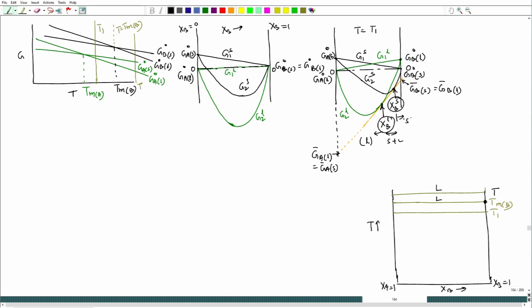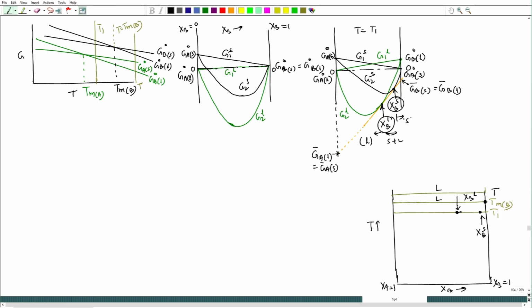Okay. So, now we can actually drag those two equilibrium points over T1 in T versus X B plot. So, this is one point, this is another point. Okay. Fine. This point corresponds to X B S, this point corresponds to X B liquid.